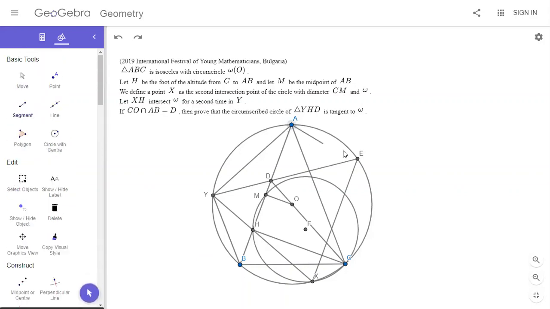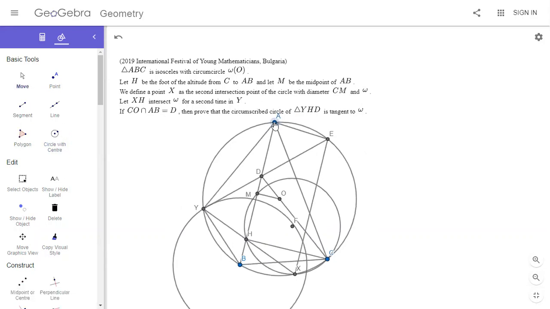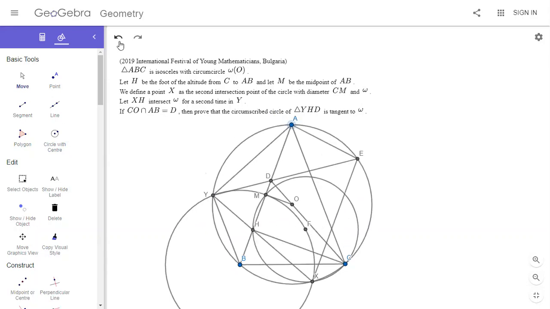Yeah, it seems like there just has to be, yeah, BYH we want to show similar to EYA. Trying to see something. I think, is B the circumcenter of YMX? No, that was just that picture.